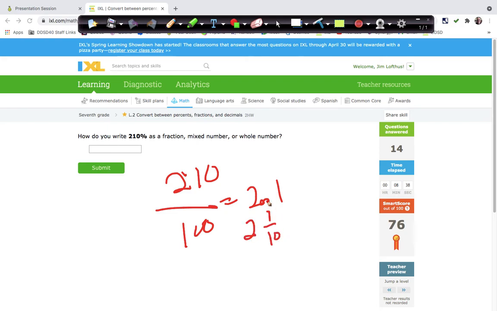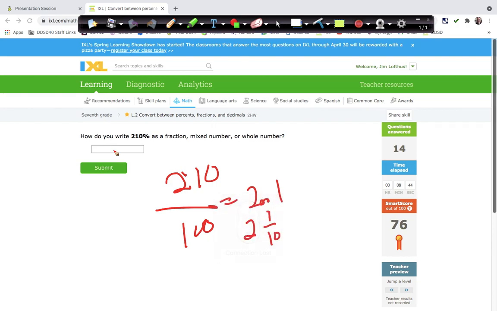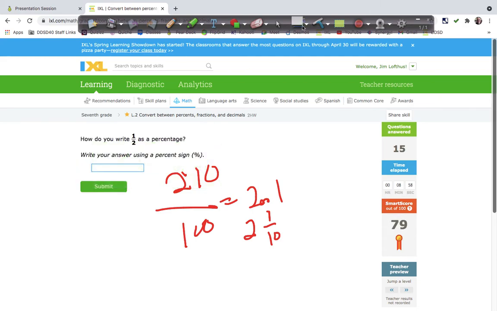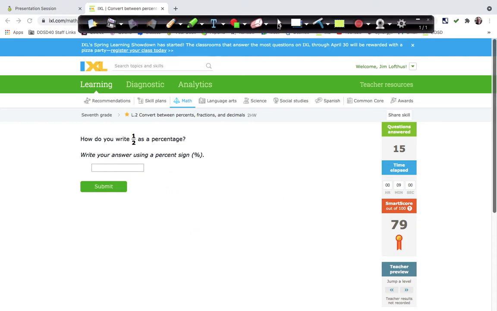So it says write it as a fraction or a mixed number or a whole number. How do you write 210% as a fraction, a mixed number, or a whole number? So I would write 2, space, 1/10. And I got an awesome on that one.